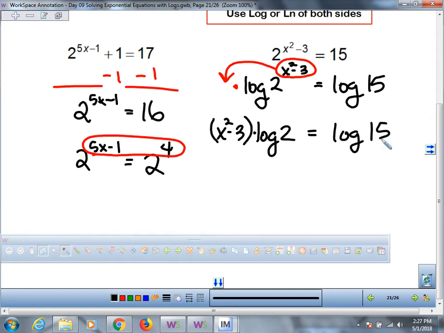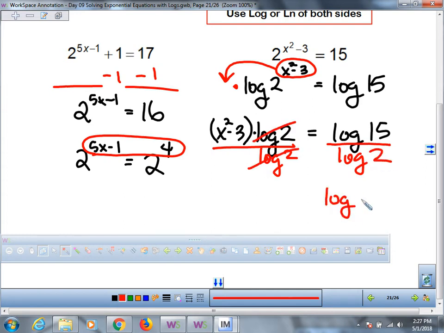Now what? I want to get x by itself. What's the next thing? Divide the log. So divide this by log 2 and this by log 2. Now, the mistake you guys are going to make is, if it's log 15 over log 5, what would somebody do?